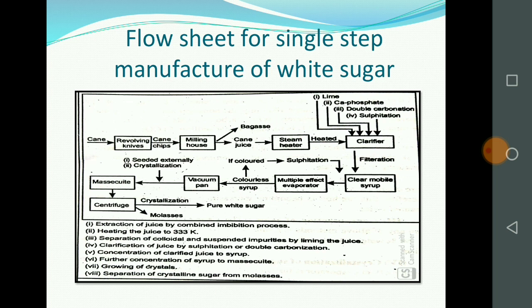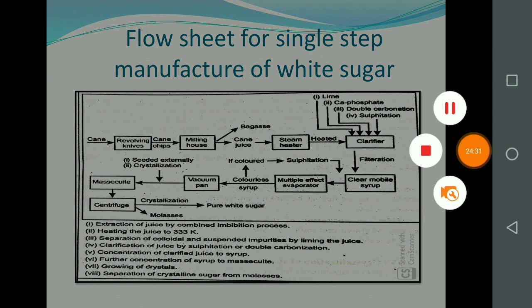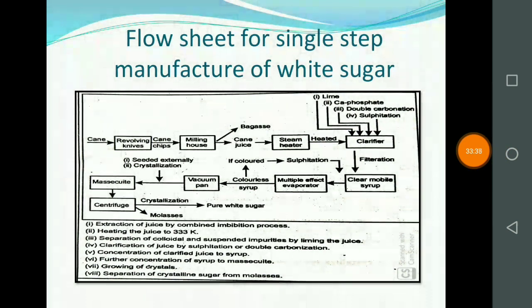Approximate percentages of major components are water about 15 to 25%, total solids about 75 to 85%, sucrose about 25 to 40%, reducing sugar about 5 to 30%.